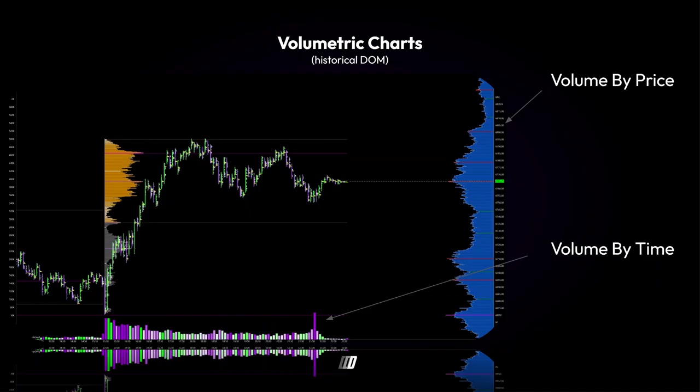It's probably institutional algorithms getting their fill, or really big traders. So we have them per level of price and also by time. This is volume by time. And volume by time tells us how much participation there was in a price swing.